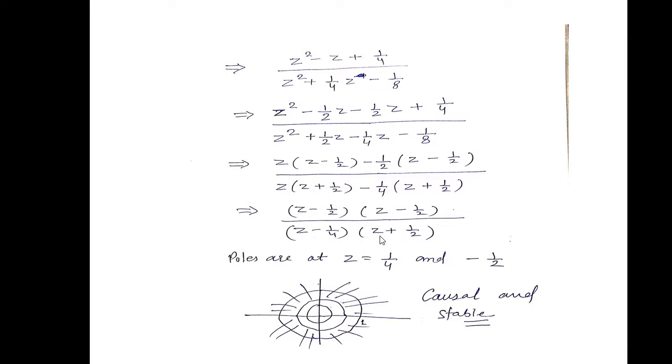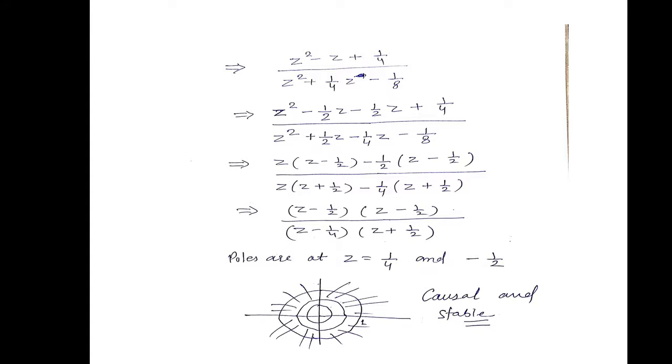If we consider the numerator and the denominator polynomials, then we can see that the order of the numerator is not greater than the order of the denominator. These are equal.